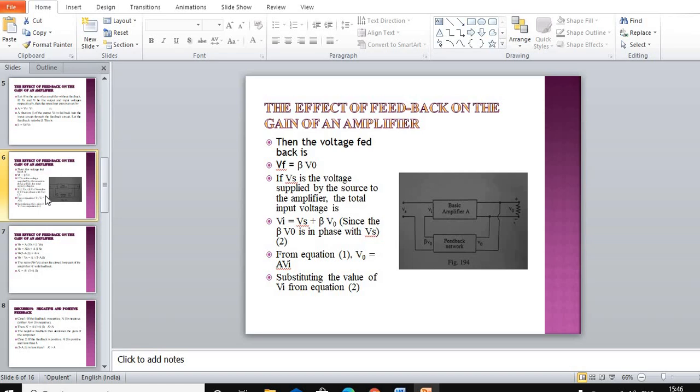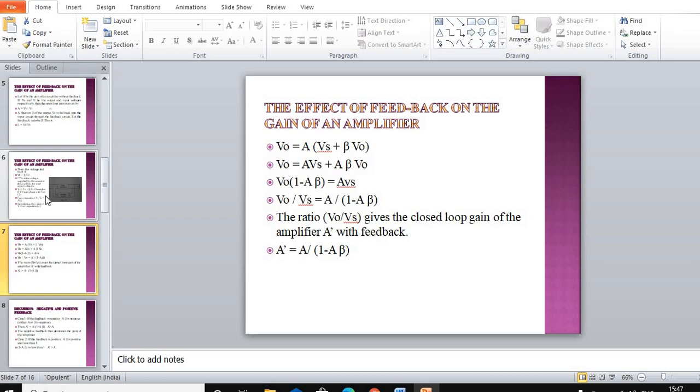Vs is the source voltage supplied to the amplifier. The total input voltage Vi is equal to Vs plus beta into V0, since beta V0 is in phase with Vs. From equation 1, V0 equal to A into Vi. Substituting the value of Vi from equation 2, V0 is equal to A into Vs plus beta V0.